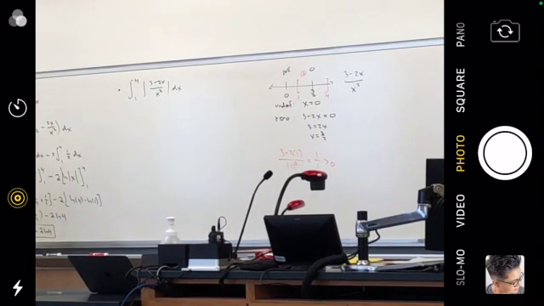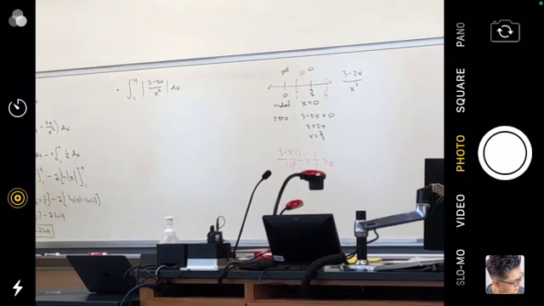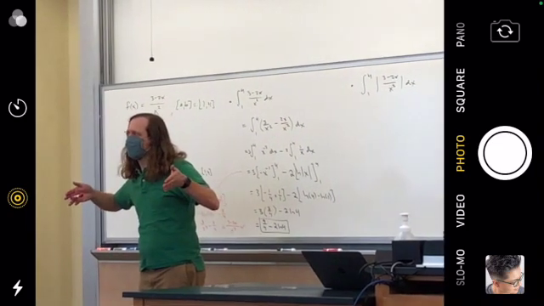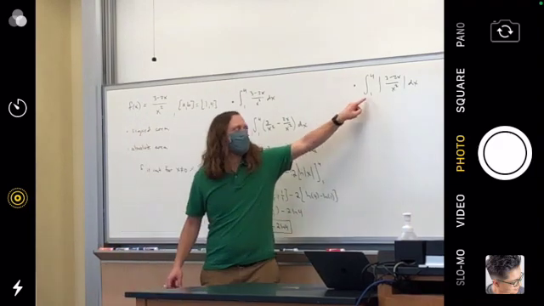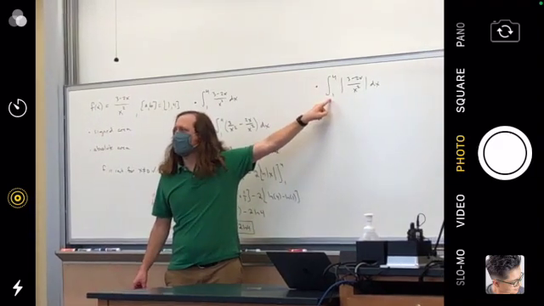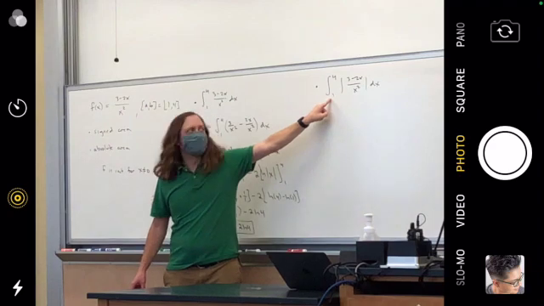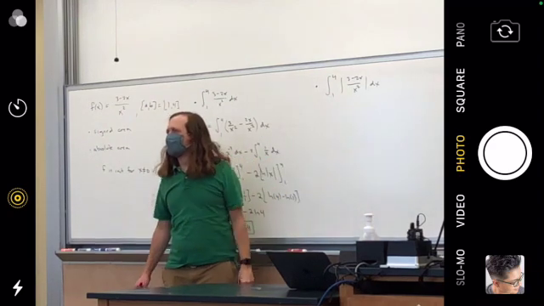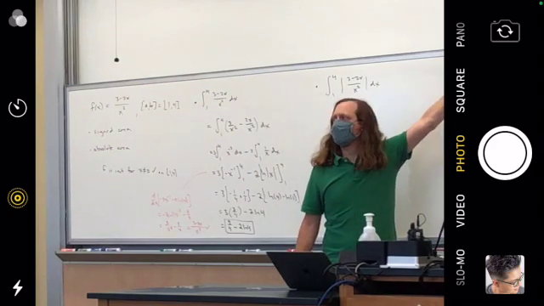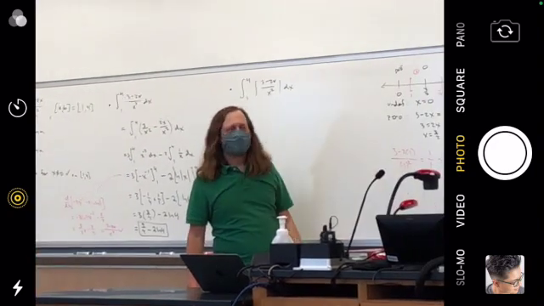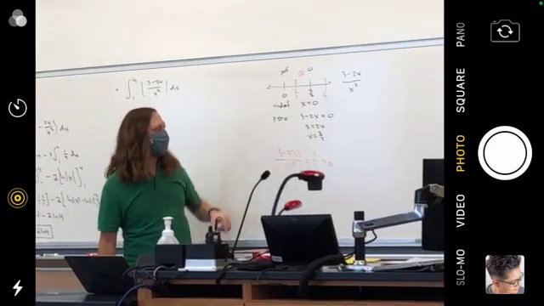So think back to chapter 3, the only numbers that matter are 0 and 3 halves. The fact that I'm using 1 here doesn't really matter in some sense, does it? I could do a number line, but I could also use 1 as a test value to find this out, because the only ones that matter are 0 and 3 halves.